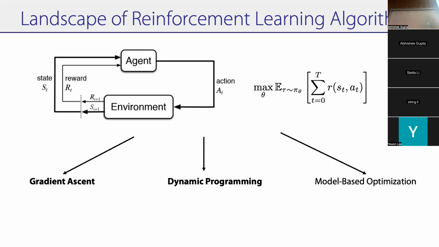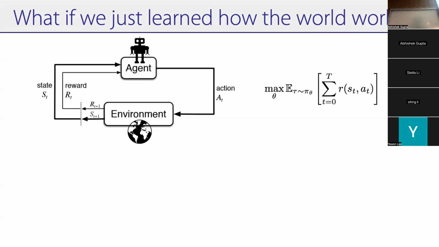It's useful in lots of problems in science and engineering. If you can take samples from something, but you don't know its functional form or how to take gradients through it, this is a useful technique. So we're going to study model-based optimization today.